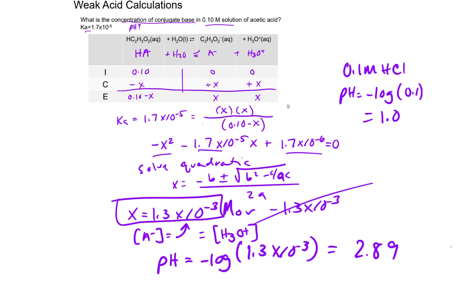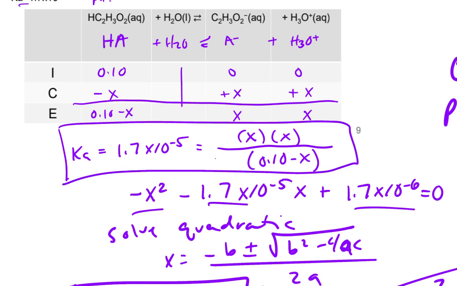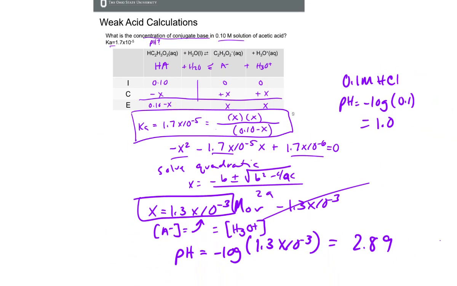Once we're at this point, we can make assumptions that make these problems easier to solve, sometimes, not always. So let's go through that. I'm going to open up another slide.